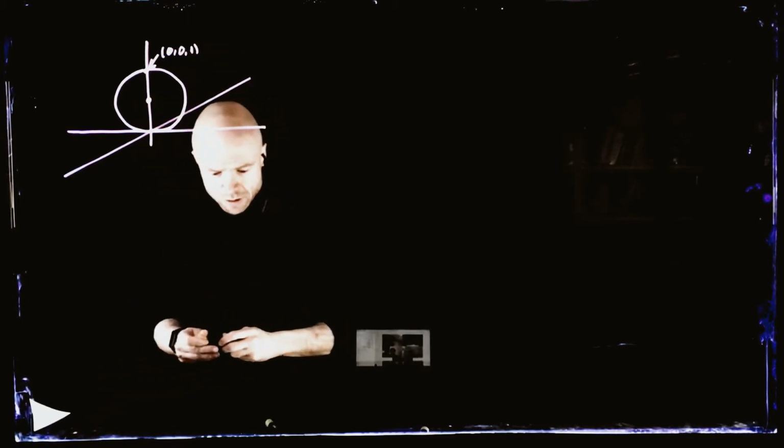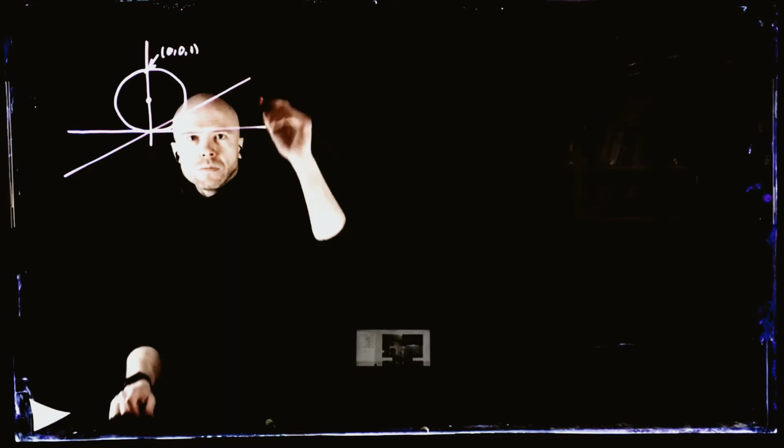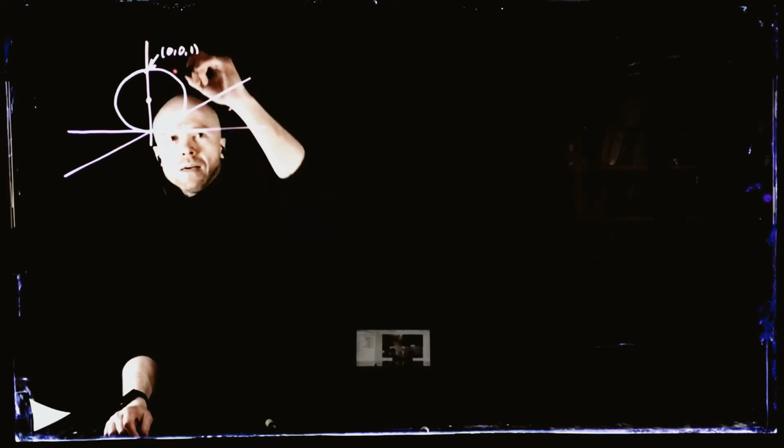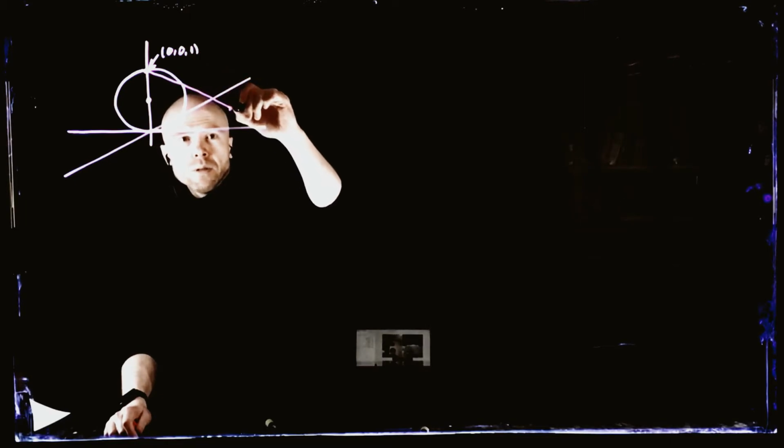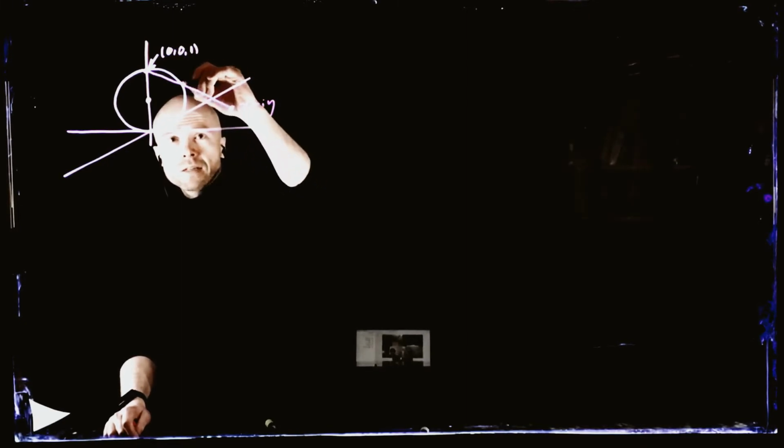For any point in the complex plane, we're going to take a straight line that connects this point to the point in the complex plane. So this is the point x plus iy. And that straight line is going to intersect the sphere at exactly one point.